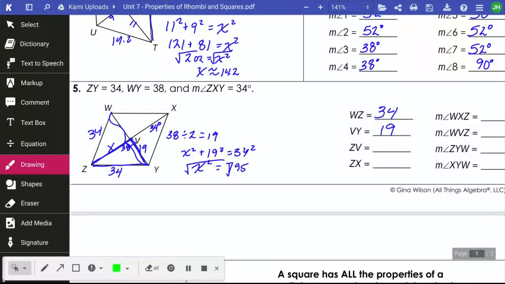If I square root both sides, I'll get x is approximately 28.2 when I round to the nearest tenth. So just this part is 28.2. ZS is asking for this whole thing, so I'll do 28.2 plus 28.2 when I add those sections together, or 28.2 times 2, and I'll get 56.4.